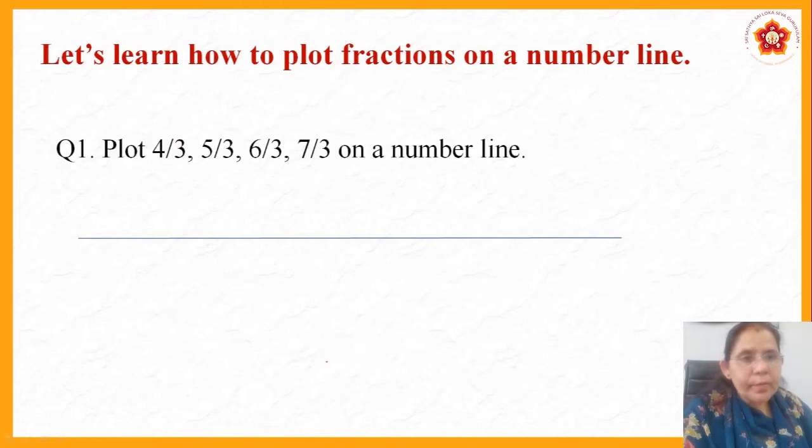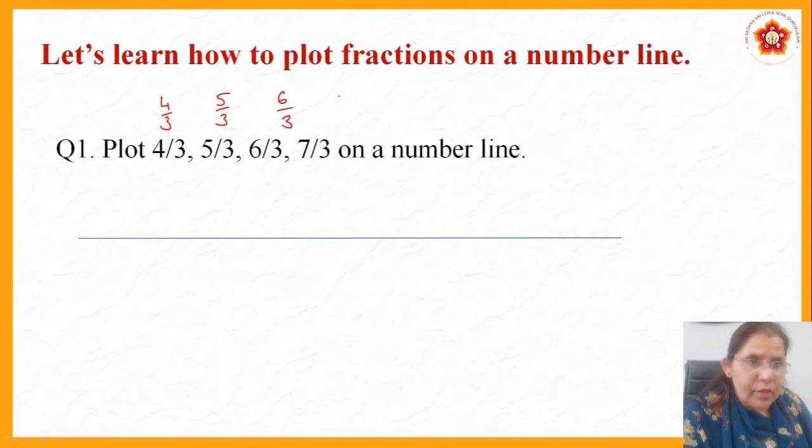To understand the concept better, we'll plot some fractions on a number line. Now here you can see that all the fractions, they are positive. We have 4 upon 3, we have 5 upon 3, we have 6 upon 3 and we have 7 upon 3. All are positive.